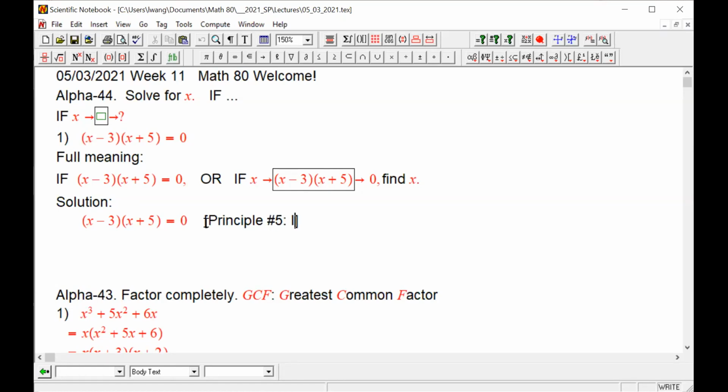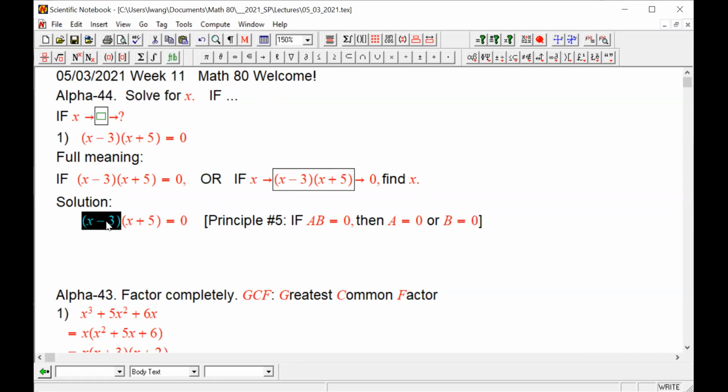Principle number 5: if A times B is 0, then A is 0 or B is 0. Remember that principle? Yes? So we can use this principle.